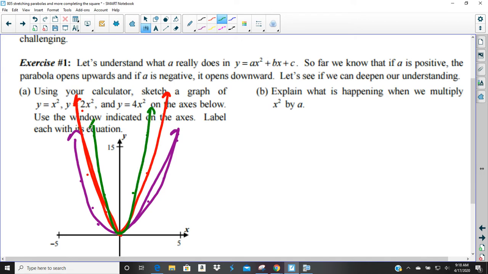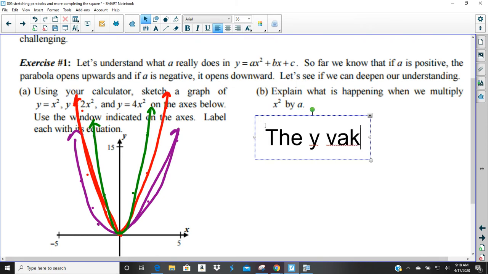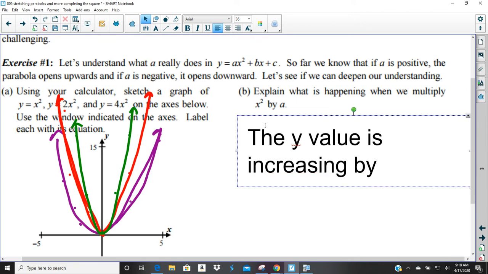Question B says, explain what's happening when we multiply x squared by a. The y value is increasing by that amount. So what I would write here is the y value is increasing by a times, okay?